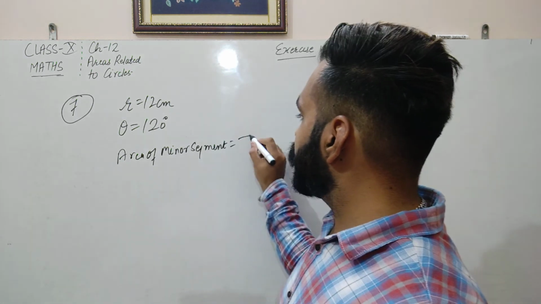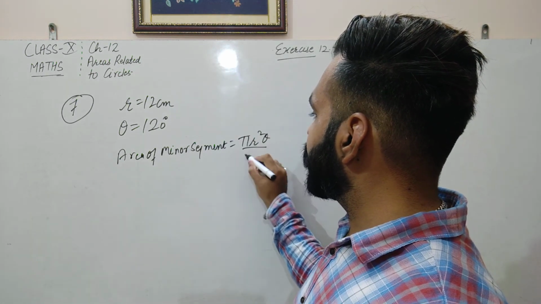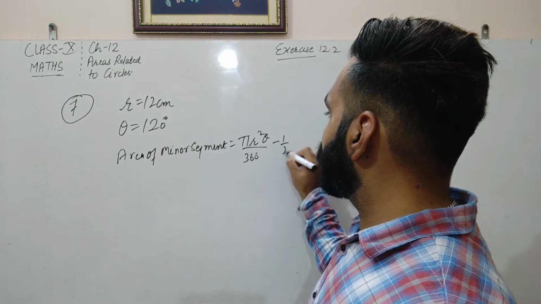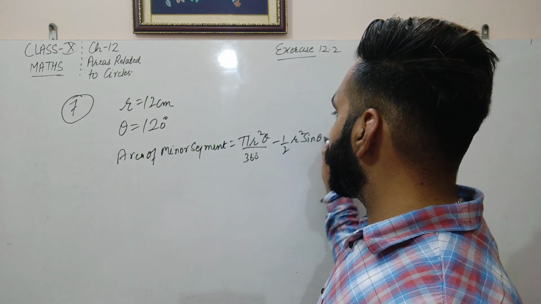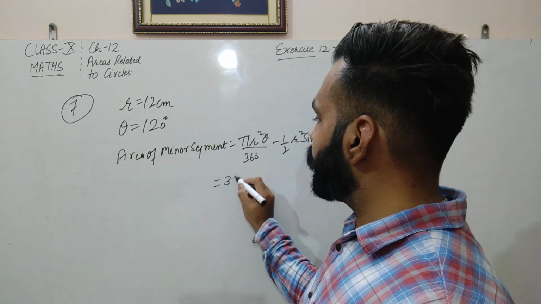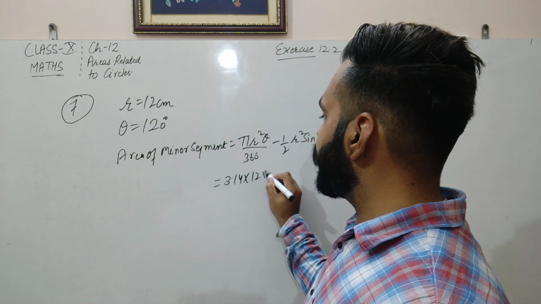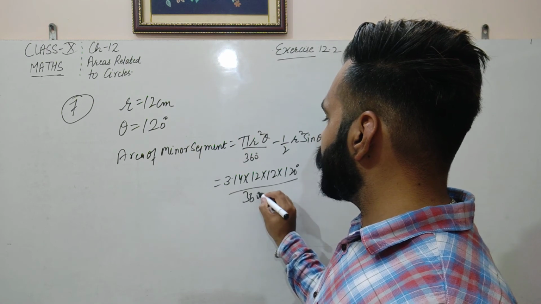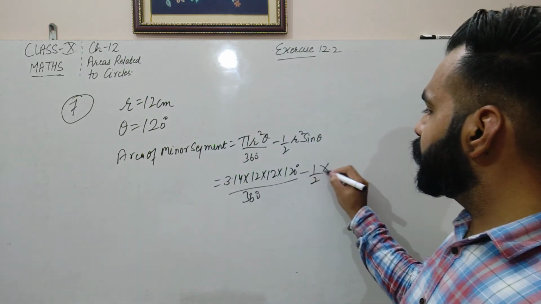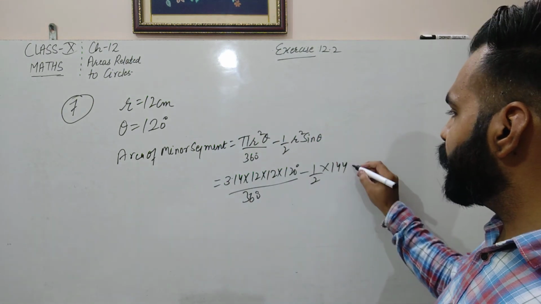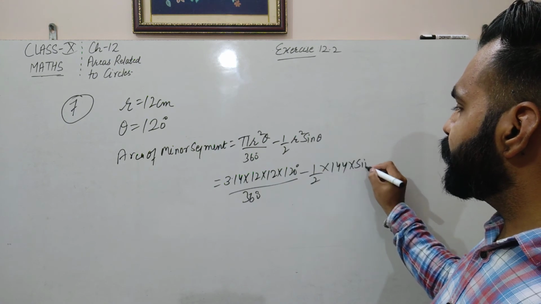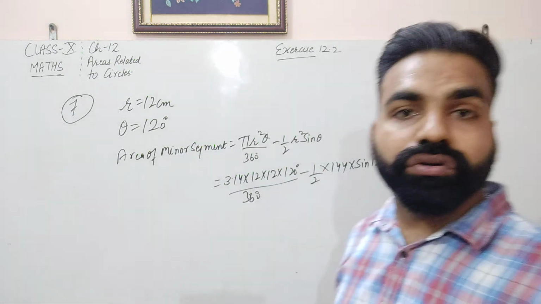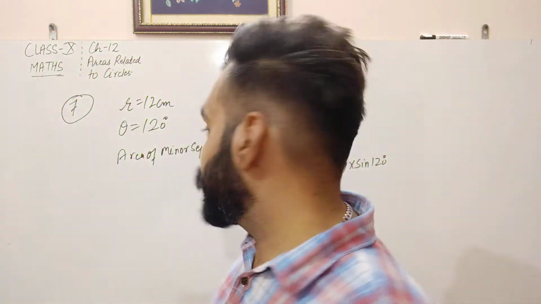This is equal to pi r square theta by 360 minus half r square sine theta. So this will be 3.14 into 12 into 12, theta is 120 divided by 360, minus half 12 into 12 is 144 into sine 120. Those who don't know the value of sine 120, this is root 3 by 2.